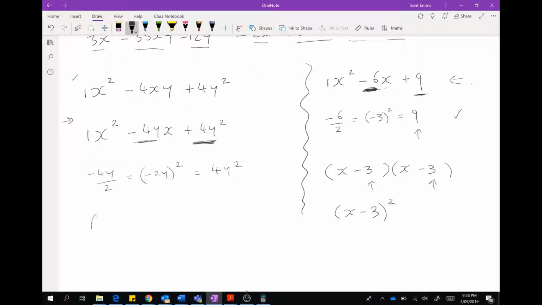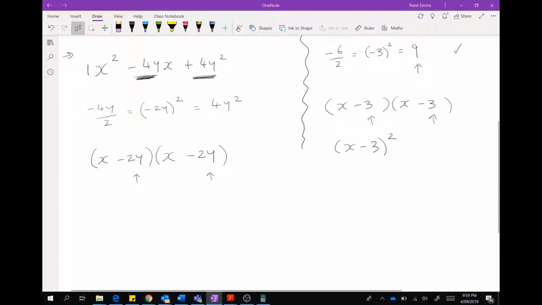And just like before, to write it in its factorized or perfect square form, it's going to be that x is at the front, and then half of whatever is in front of x goes in the other two bits. So half of negative 4y is negative 2y. And we can write that as x minus 2y all squared, because we've got two of them timesing together of the same thing.